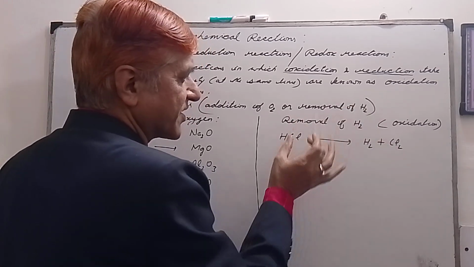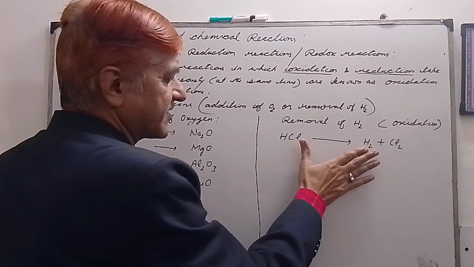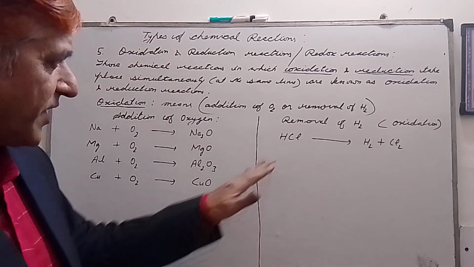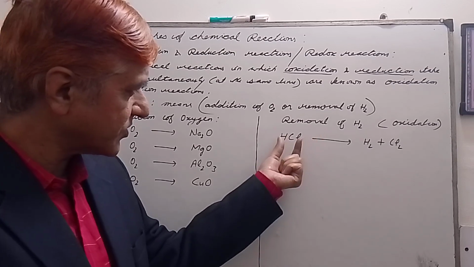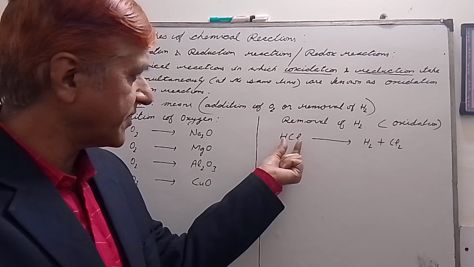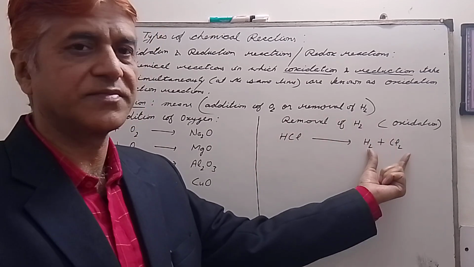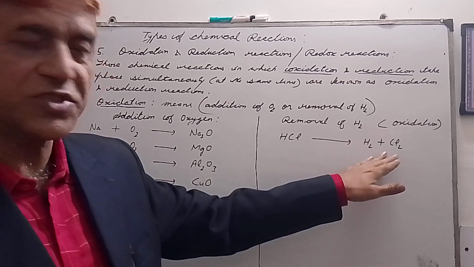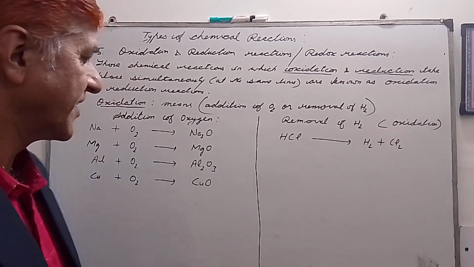This is again oxidation, removal of hydrogen. And at the same time, my dear students, you can also say that this is a decomposition reaction because there is one reactant and two products. So this reaction is both oxidation as well as a decomposition reaction.